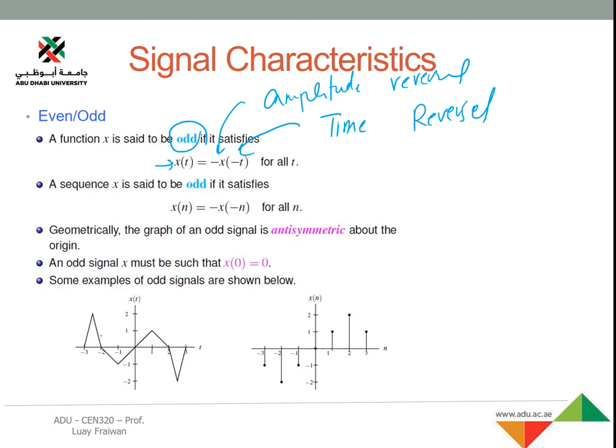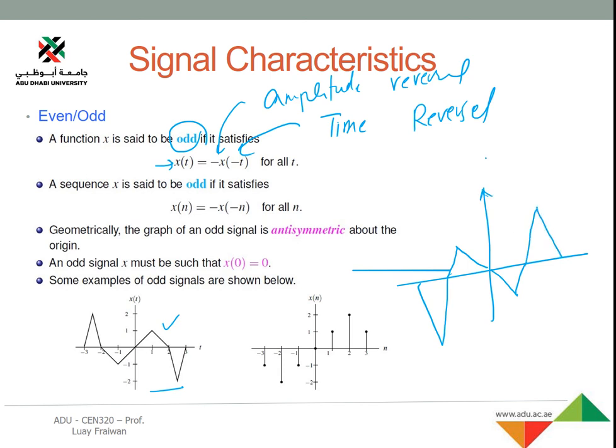If you perform the time reversal on this signal, what will we get? Time reversal means these parts will be reversed. So this part will come to this side, and this part will go to this side. So this is my x of minus t, the time reversal.